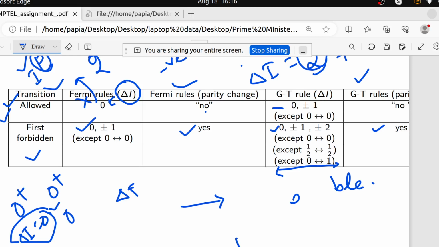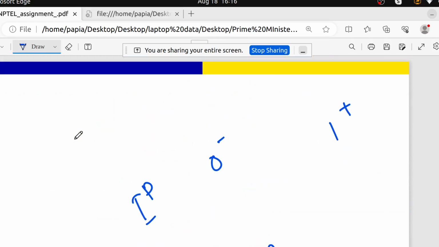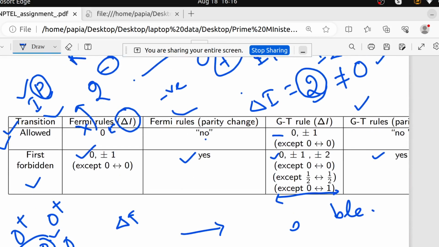In our case, it was 0 to 1, 0 minus to 1 plus. So you can see that delta I equals 1 and parity is yes, so these two conditions are also satisfied here. But we can't apply that rule because it is already written that the exception is 0 to 1. You understand? I think you understand that one.